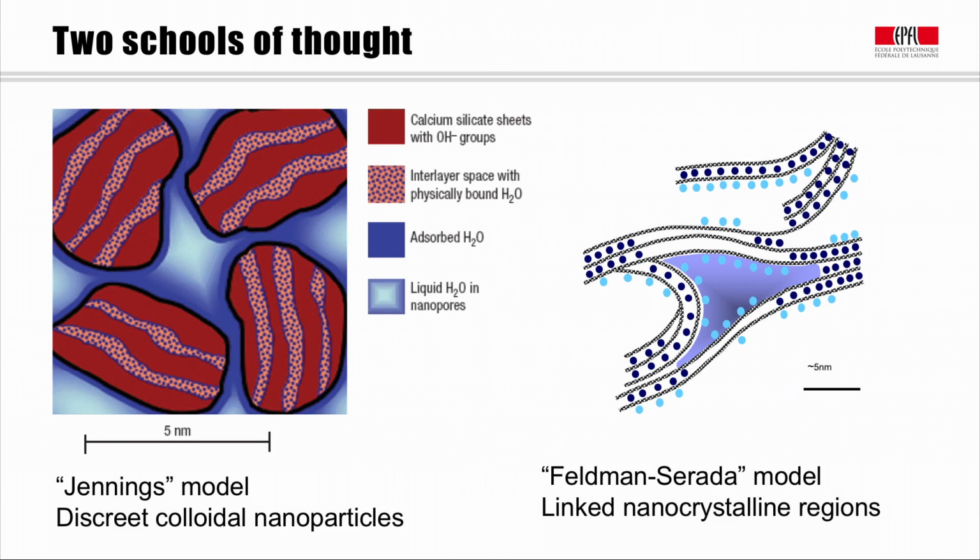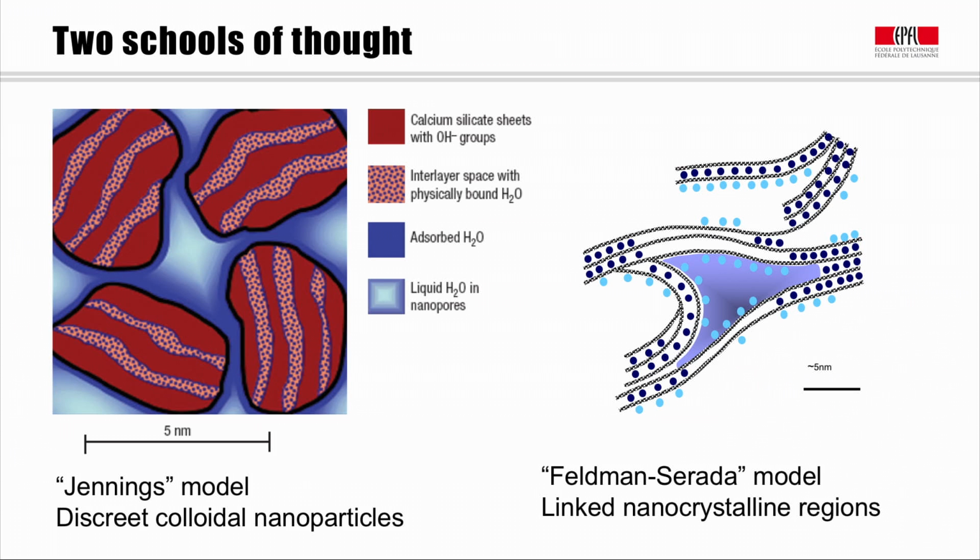On the right here, what we see is what's often called the Feldman-Sereda model, although not all aspects that we're going to talk about here were explained like that by Feldman and Sereda. In this model, we have nanocrystalline regions where the layers of CSH are quite well aligned, and then those layers extend from one nanocrystalline region to another.